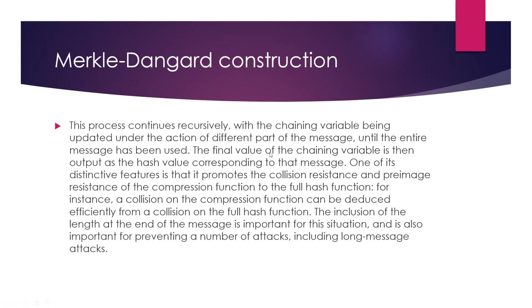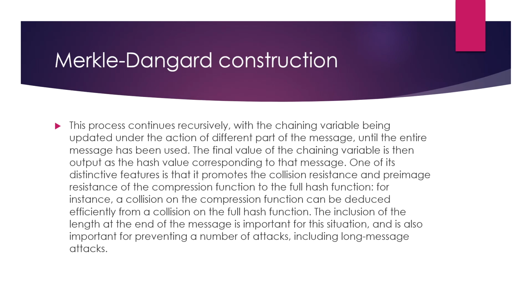The final value of the chaining variable is then output as the hash value corresponding to that message. One of its distinctive features is that it promotes the collision resistance and pre-image resistance of the compression function to the full hash function.